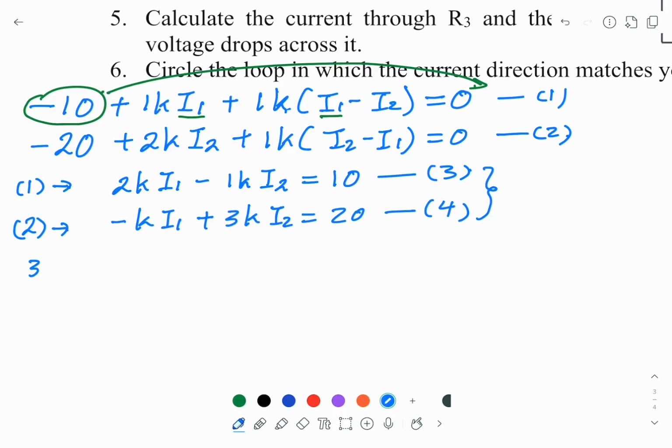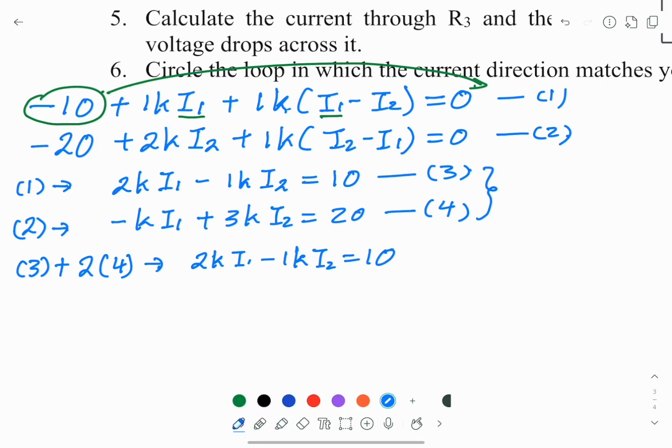I will say equation 3 plus 2 times equation 4. Now you can add these two equations.